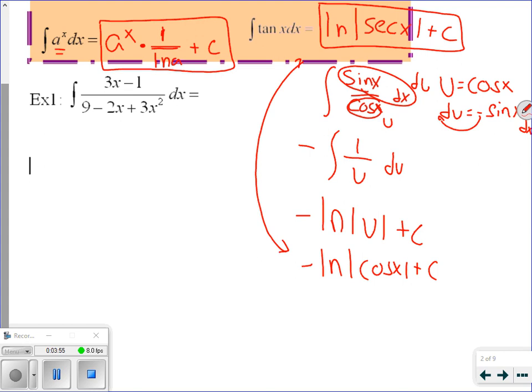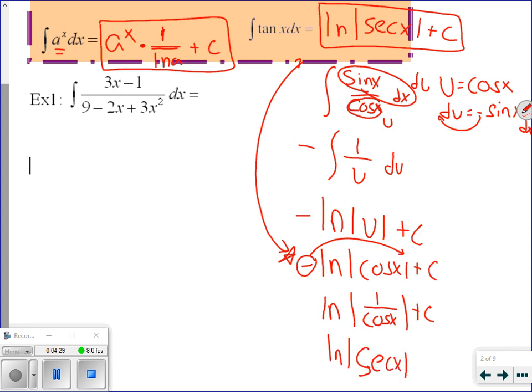In fact, I think the book might even have that bottom part as the identity, but the nicer, more agreed upon identity is they bring this negative up into the natural log, doing power logs for natural logs. So really you can say cosine to the negative first of x, which is 1 over cosine. So we can really say ln absolute value of 1 over cosine x plus c, and 1 over cosine of x is just the same thing as secant of x.